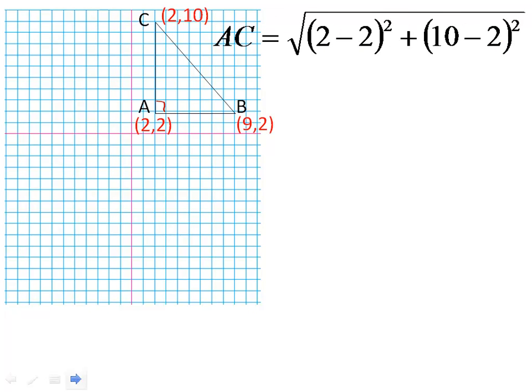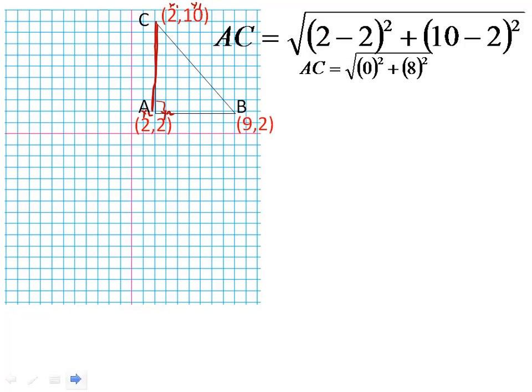So if I want to find the length of AC right here, I use the x and y coordinates, and it doesn't matter which I call x1, y1, x2, y2. Actually, I think I did it the other way around, but the main point is that you match your x's together and your y's together to begin with.